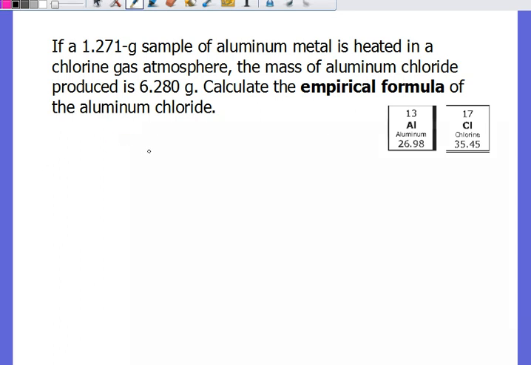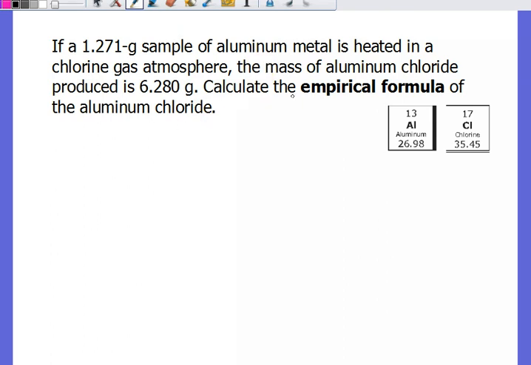Some of the questions you may have to do when solving for empirical formulas may look like this, where you have a sample of aluminum metal and you're given a mass for it, and then you're given a total mass of the compound that's going to be produced. And it asks you to calculate the empirical formula for this aluminum chloride.